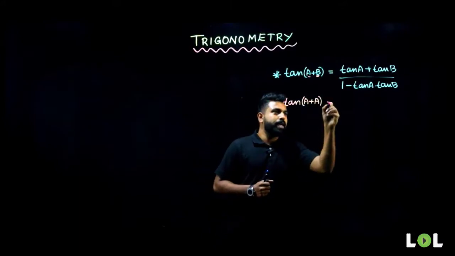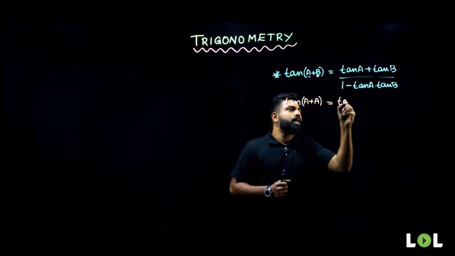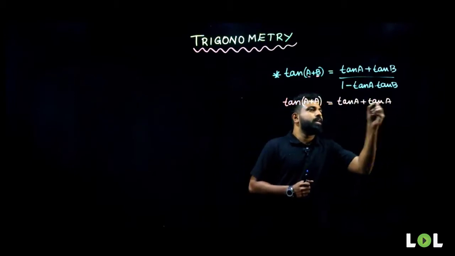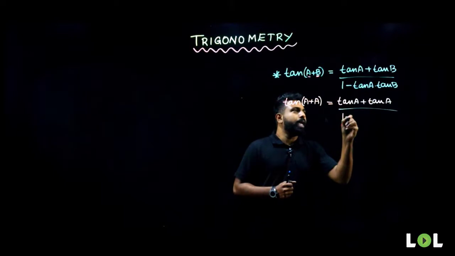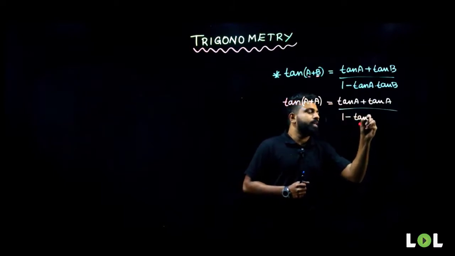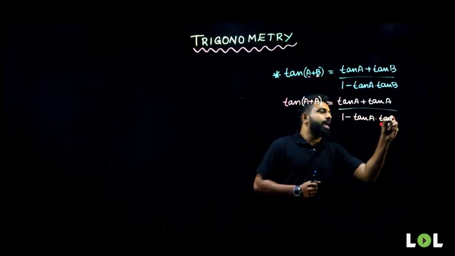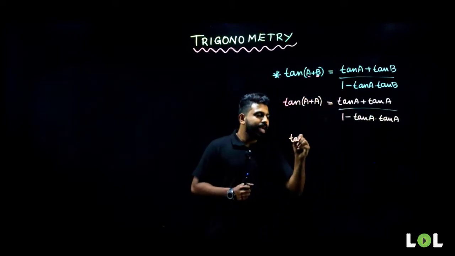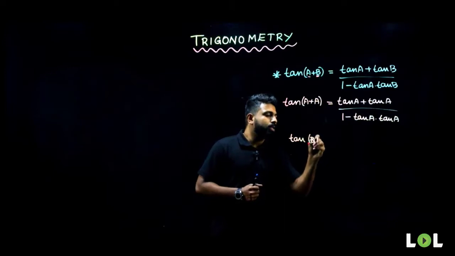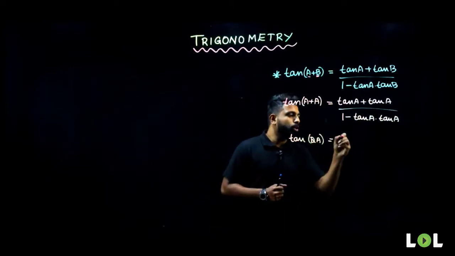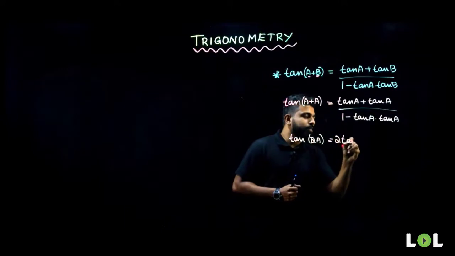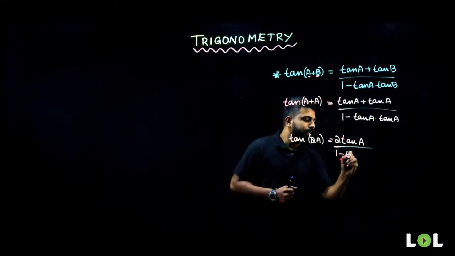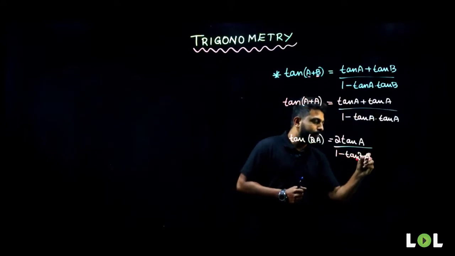Tan of a plus b will be equal to tan a plus tan a divided by 1 minus tan a into tan a. So, I can write this also as tan of 2a is equal to 2 tan a divided by 1 minus tan square a.